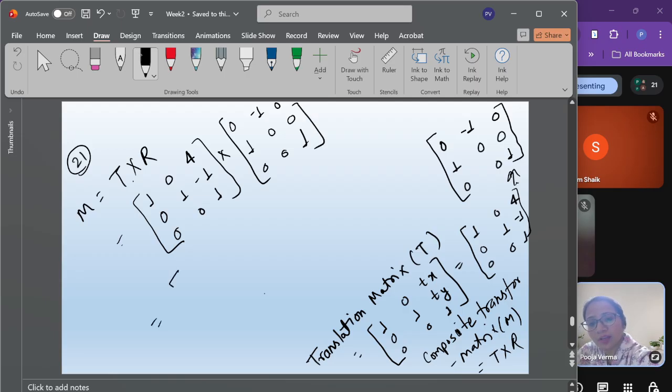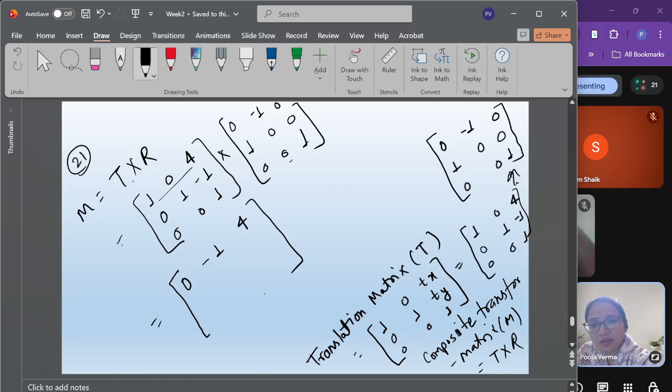Multiply the first row by the first column: 1 into 0, 0 into 1, and 4 into 0, so you get 0. First row, second column: 1 into minus 1 is minus 1. Then 1 into 0, 0 into 0, and 4, so the first row is 0, minus 1, 4.